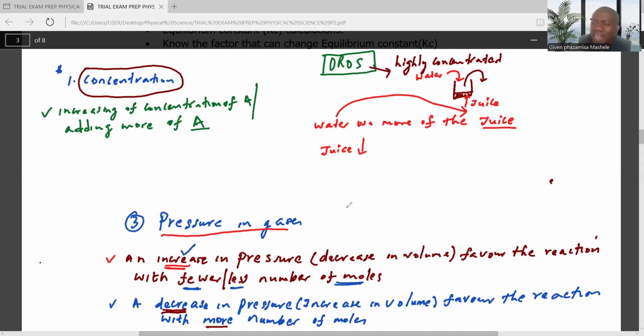And as an end result, even though the concentration of water will also get reduced because it has been mixed up with juice, you're going to form a mixture whereby it will be more of this.